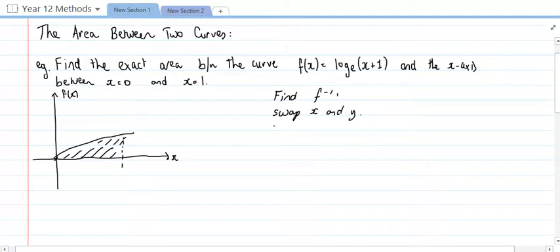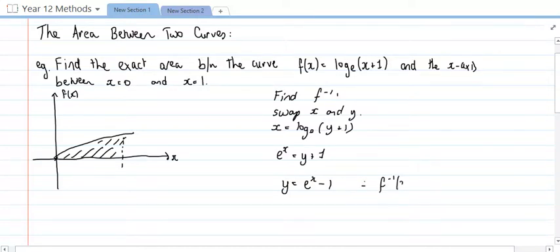So I get x equals log e of y plus 1, which means e to the x equals y plus 1. Taking away 1 on both sides, we get y equals e to the x minus 1. So therefore, the inverse function is equal to e to the x minus 1.